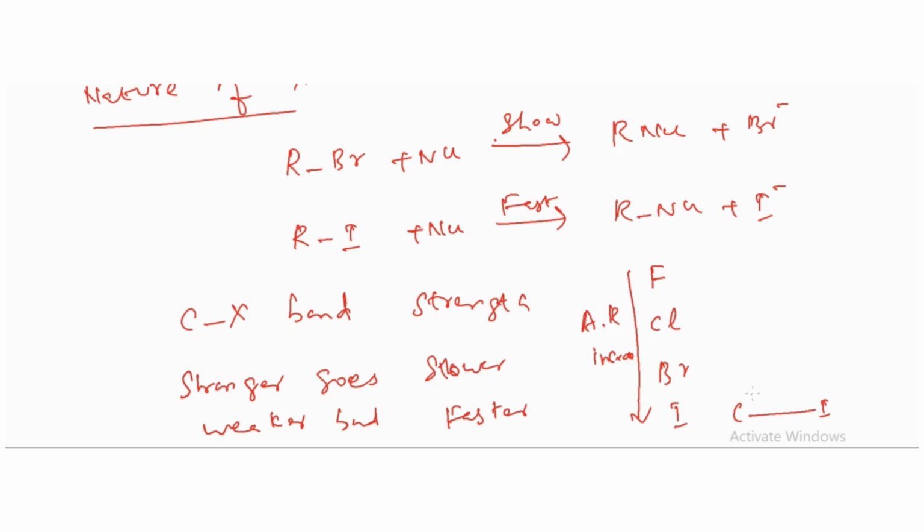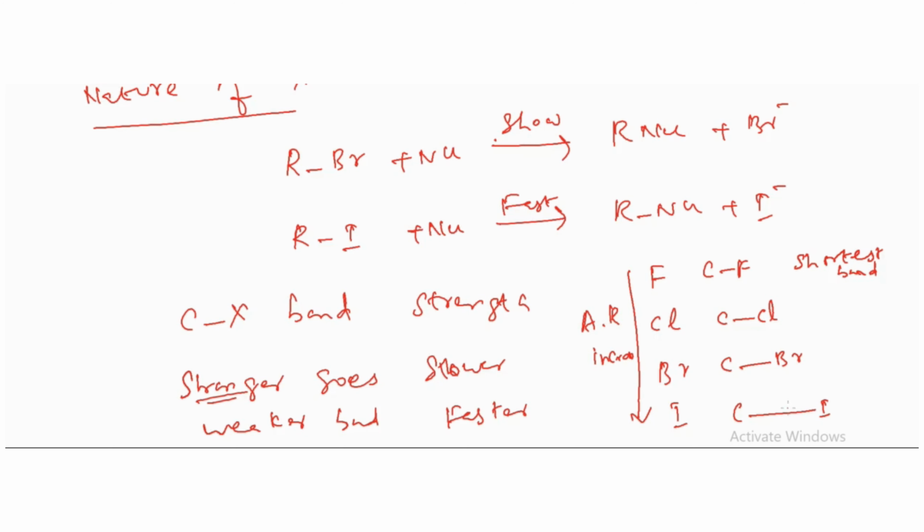That means the carbon-iodine bond will be longer than carbon-bromine. The carbon-chlorine is comparatively shorter than bromine, and the carbon-fluorine is the shortest bond. That is why it is stronger. The shortest bonds are the stronger bonds.